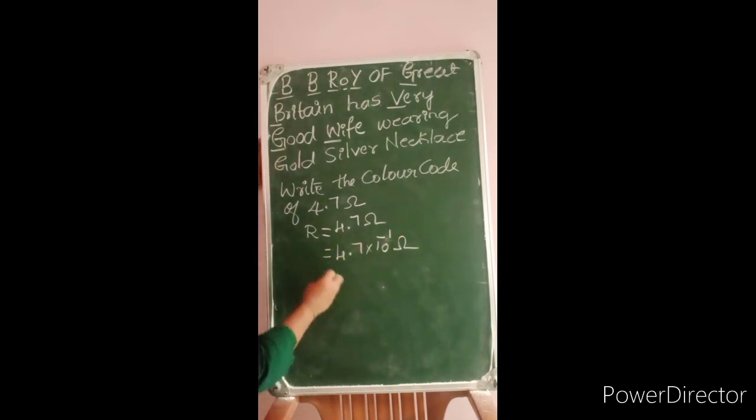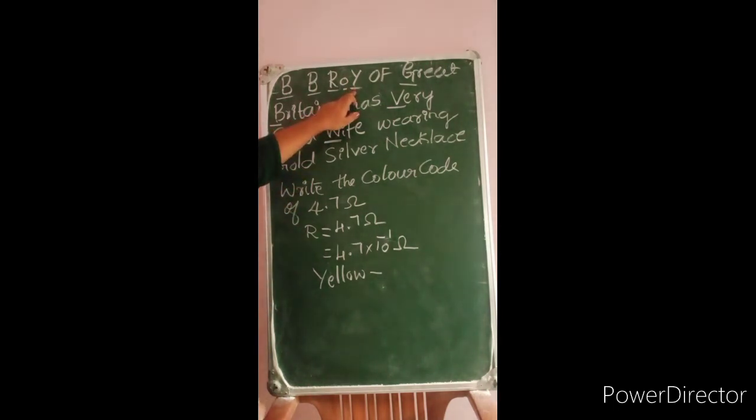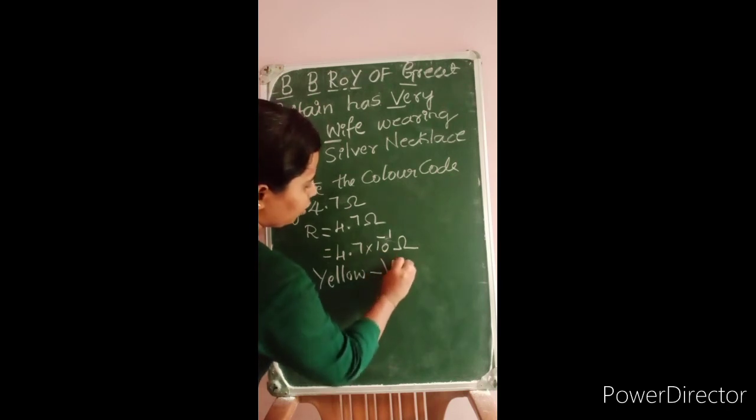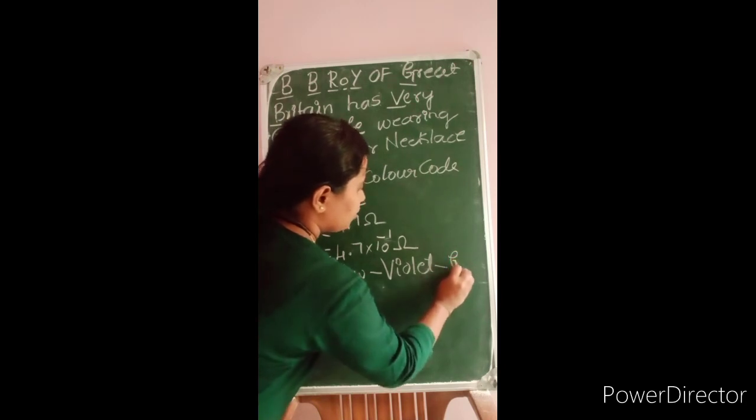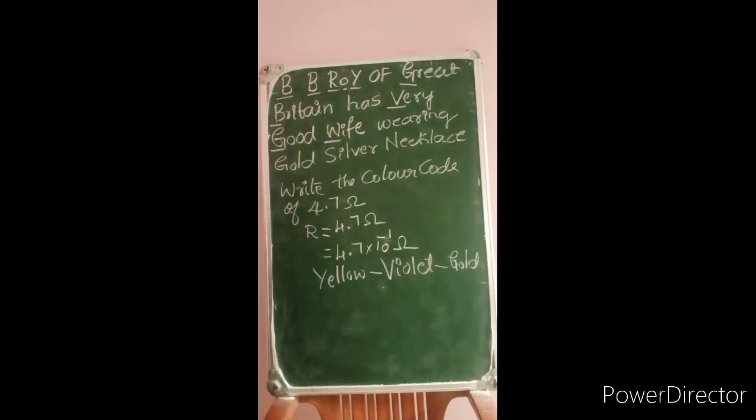That is 4 is nothing but the yellow color. Then 7 is violet. So yellow, violet, then it will be gold. This is how you have to write the color code for 1 mark.